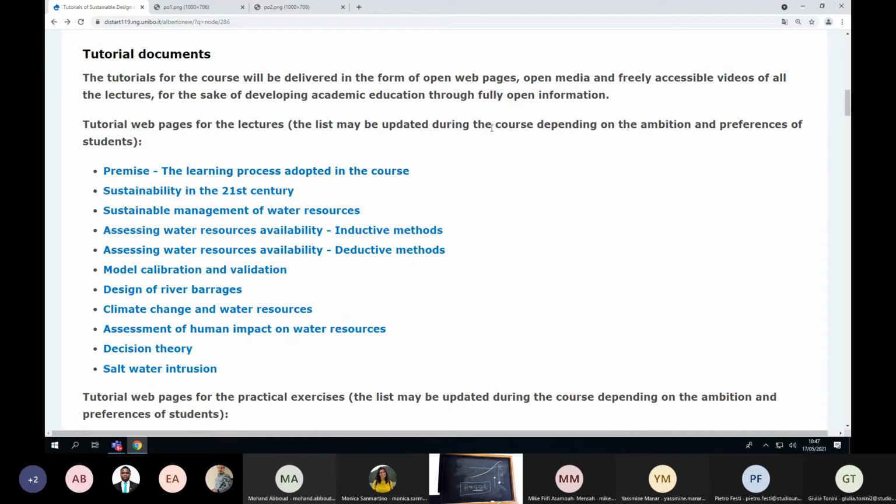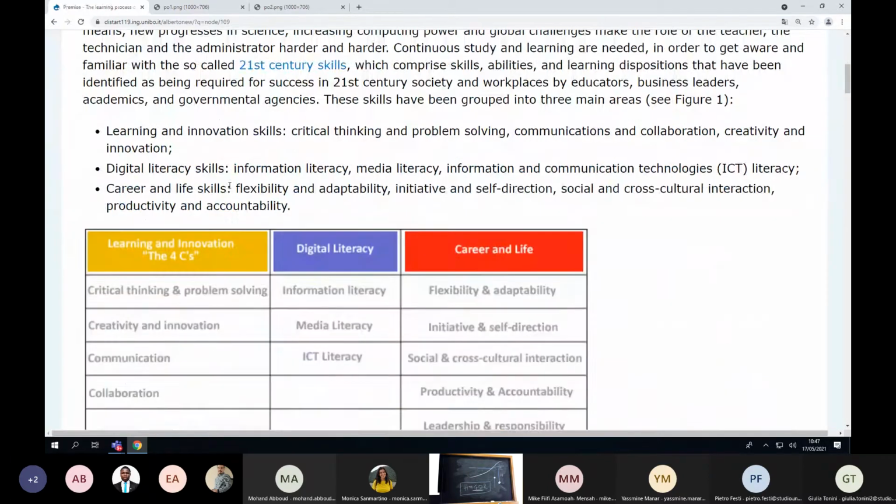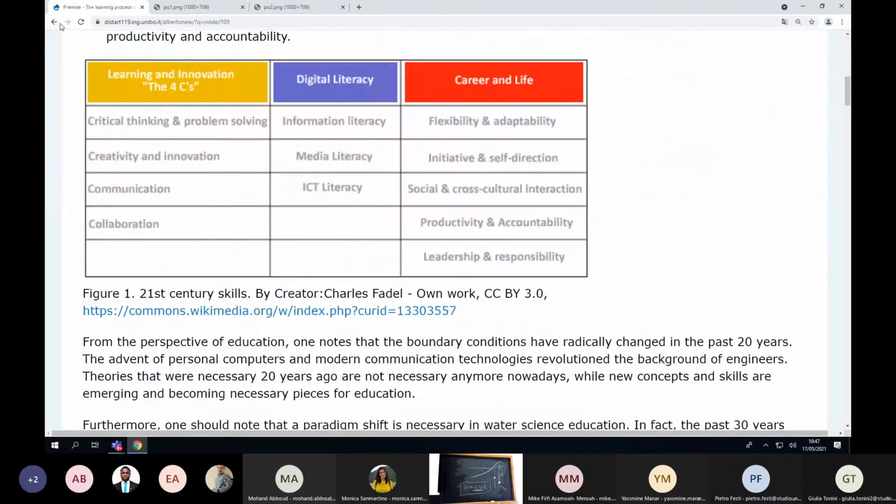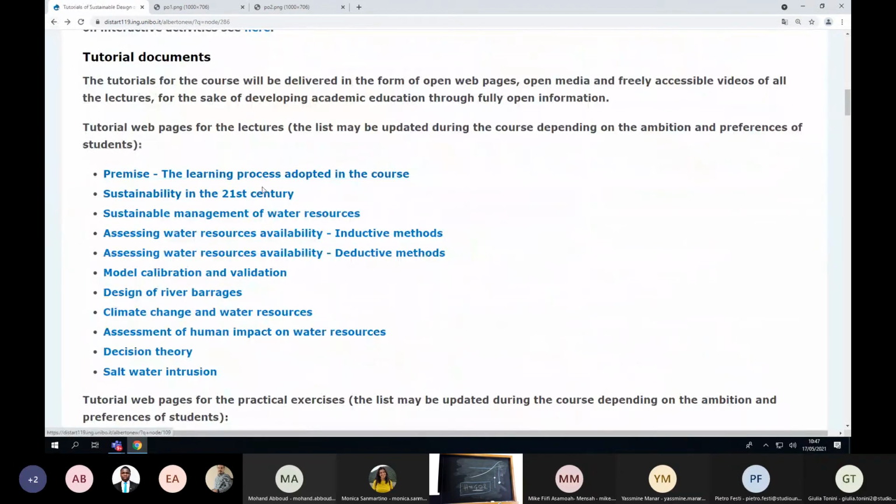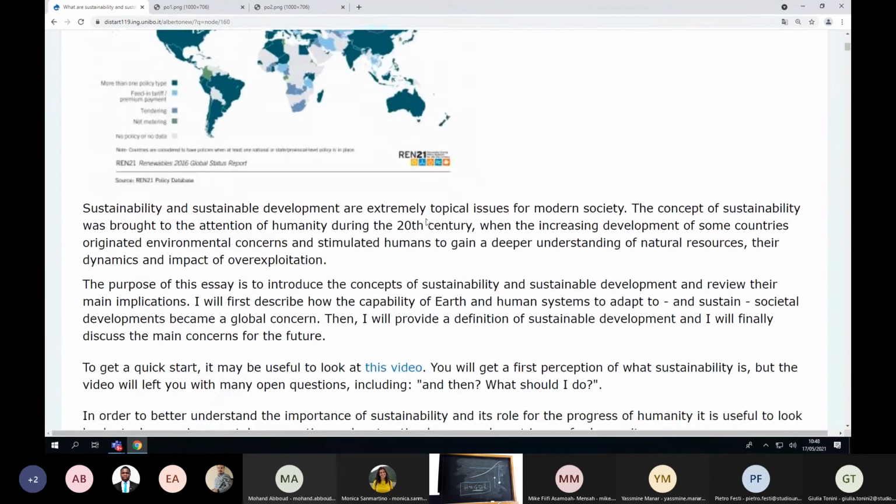Okay, good. So let's start, because the first 2 lectures are nothing relevant for the exam. The first is the learning process adopted in the course and the sustainability in the 21st century.